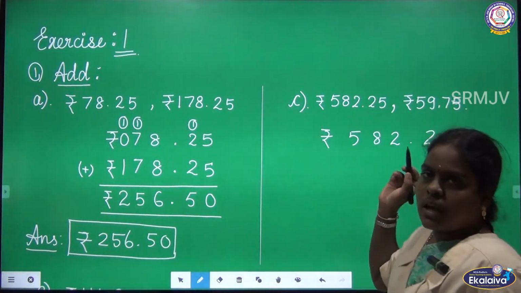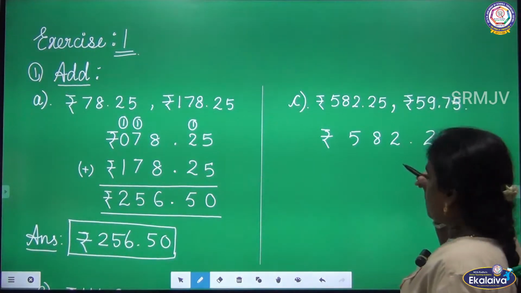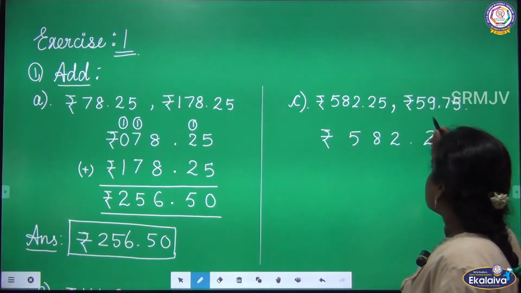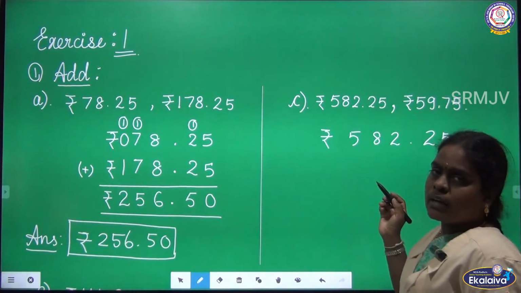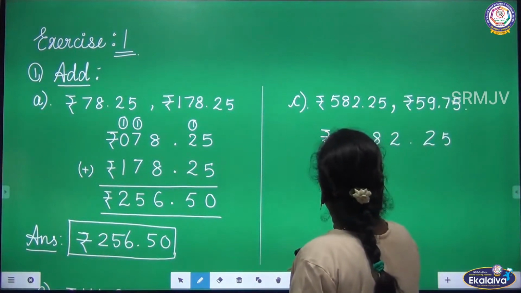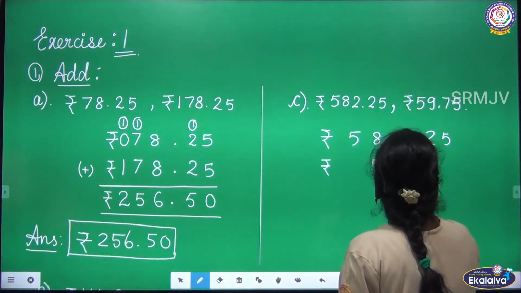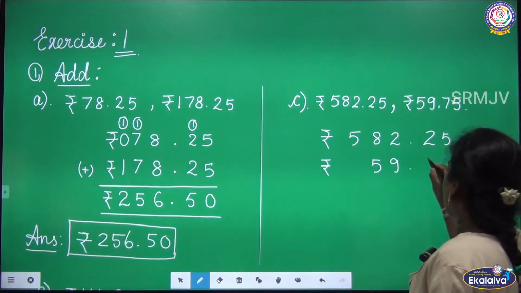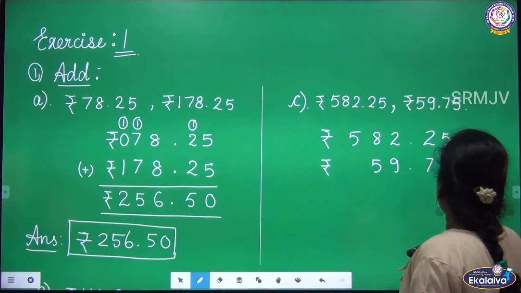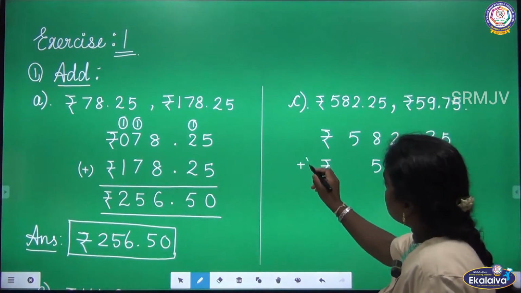And look at the next amount, 59 rupees. Listen, only 2 digits are given. So I am going to start from the tens place. 59 rupees and 75 paise. Now we can add the amounts.